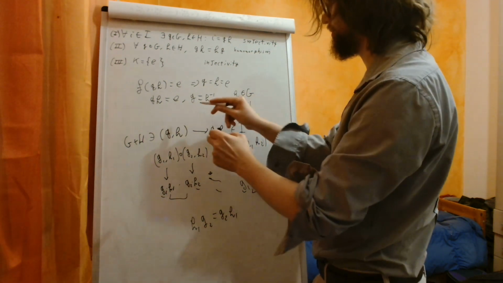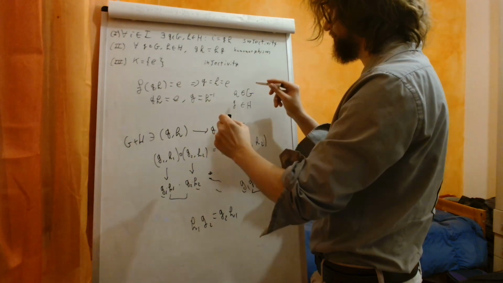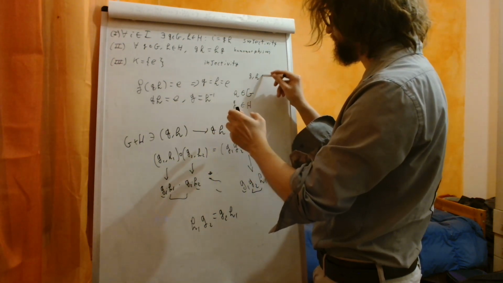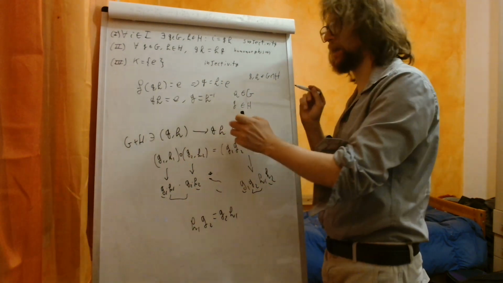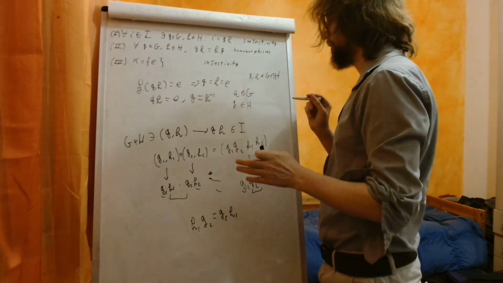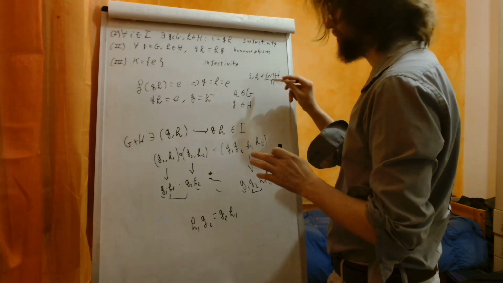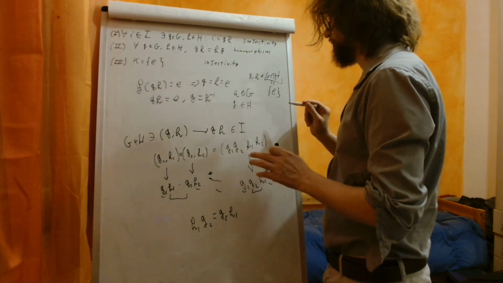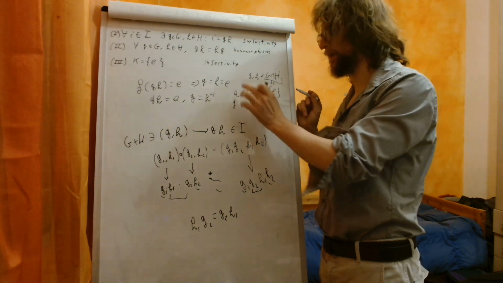So these two elements from the kernel belong to the intersection between G and H. So for the kernel to be only the identity element, it is sufficient, not necessary but sufficient, that the intersection between G and H is the identity element, because only elements in the intersection can be in the kernel.